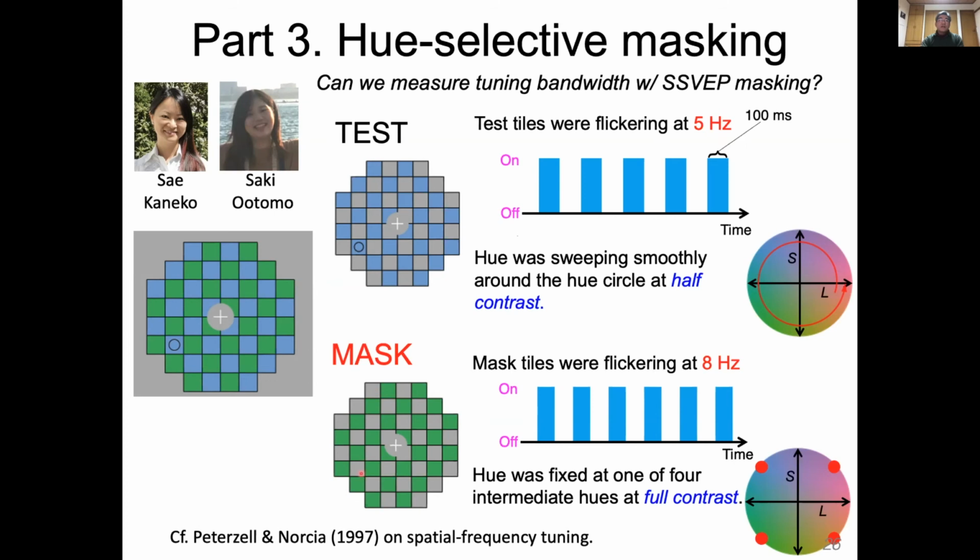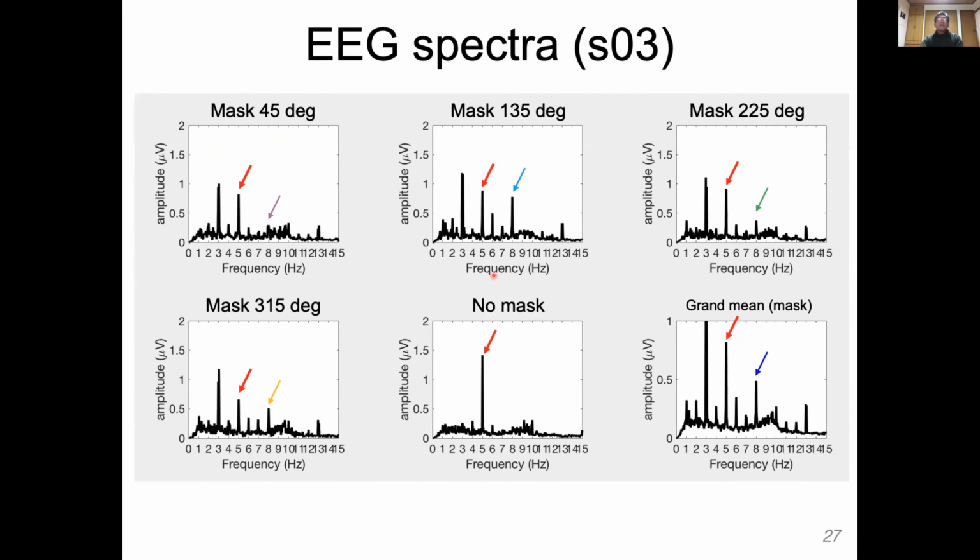This style is inspired by the Pelli and Tolhurst study in 1997 on spatial frequency tuning. And here is the EEG spectrum from one particular subject. Different panels show the different mask conditions: 45-degree magenta, 135 cyan, 225 green, and 315 orange.